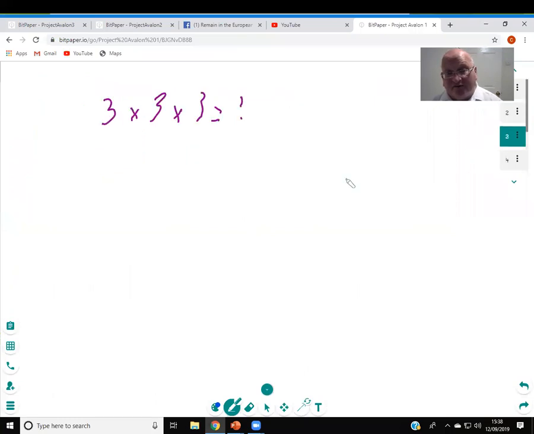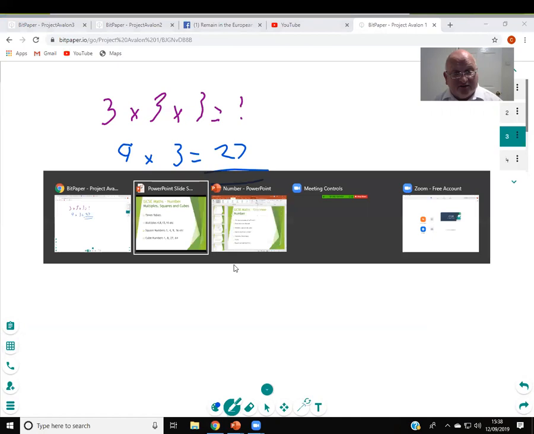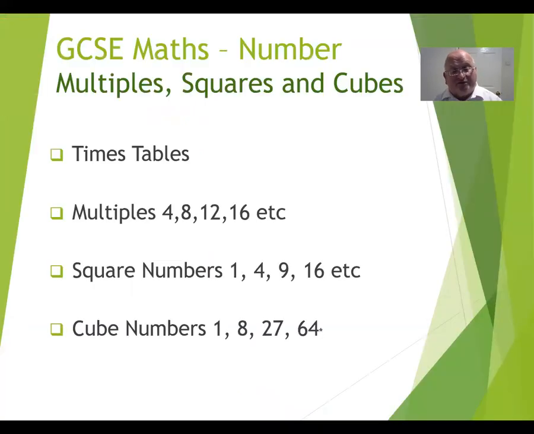So come over to this grid. I've got a sum already set up here: 3 times 3 times 3. That's 3 multiplied by itself 3 times. And so that's 9 multiplied by 3, which equals 27. Because 3 times 3 times 3 equals 27. And you go back, there you go, 27 is on my list of cube numbers. In fact, it's the third cube number. It's the cube number of 3.